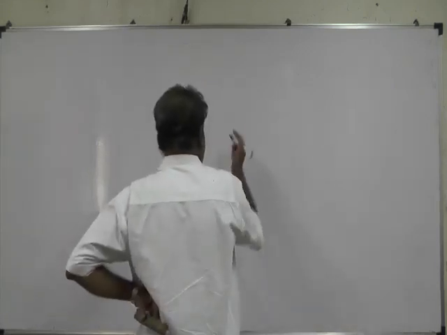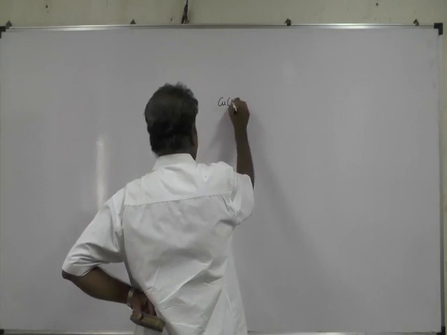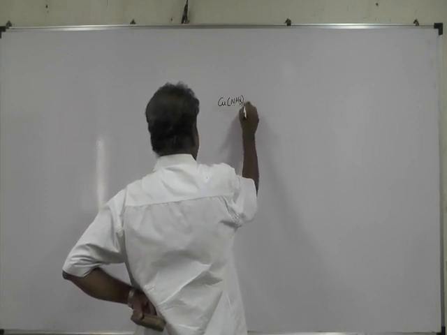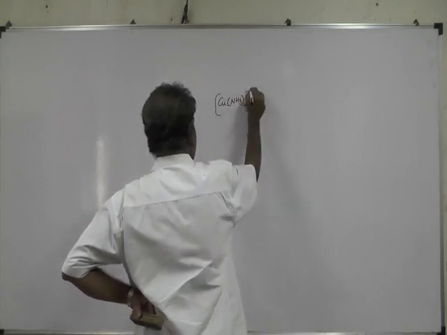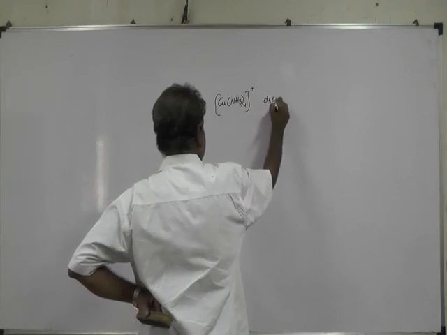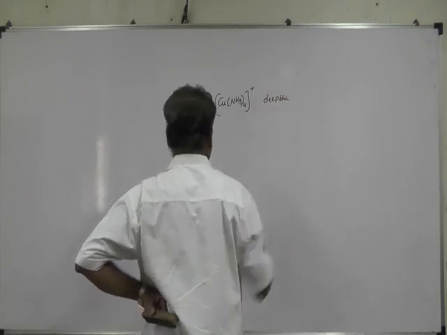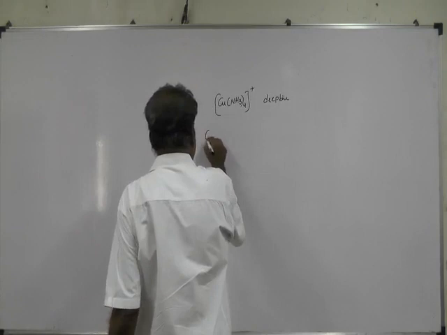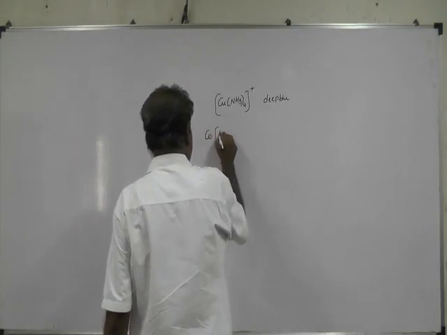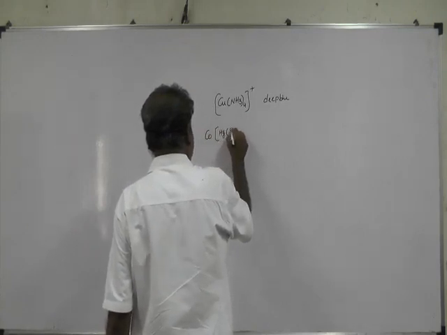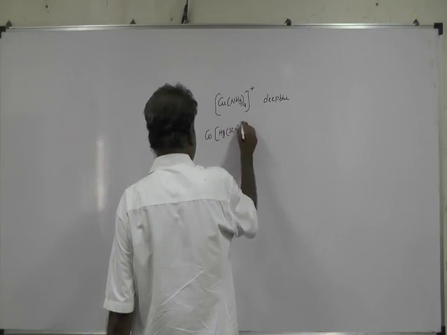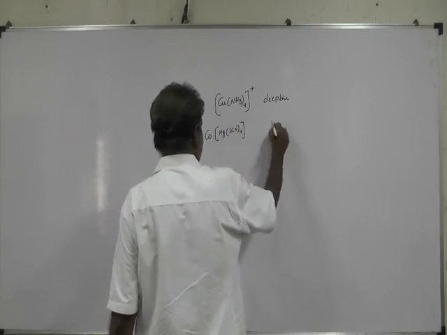Colors. Copper, tetramine copper 2, deep blue. Co Hg SCN 4 times, blue.